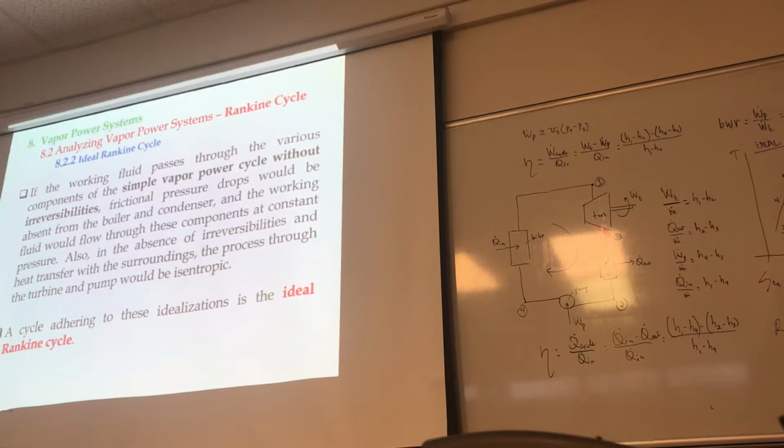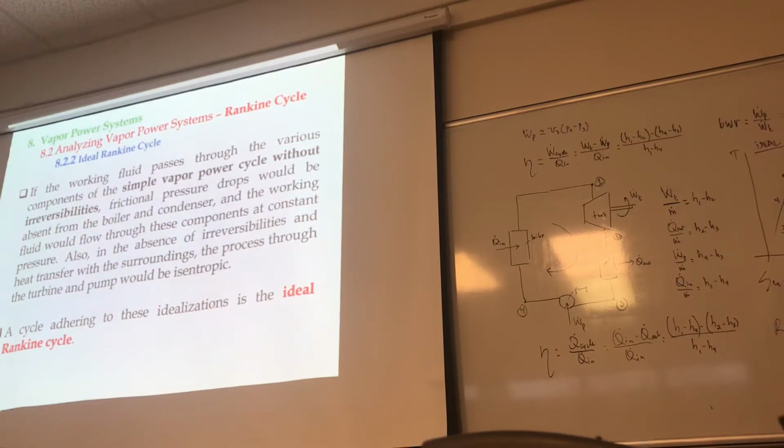Likewise in the condenser, if you neglect pressure losses, the pressure is constant. Here we assume no losses through the shell of the turbine nor the pump, and that it is reversible.